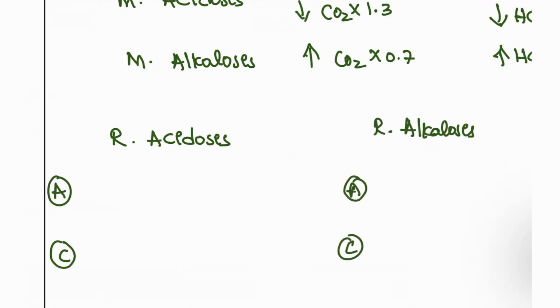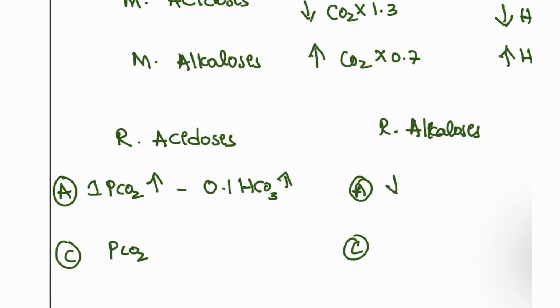And here again, what is the primary defect, guys? PCO2, right? For every 1 PCO2 increase, 0.1 HCO3 will be increased. And for respiratory alkalosis, if every PCO2 decreases, it is compensated with a 0.2 HCO3 decrease.